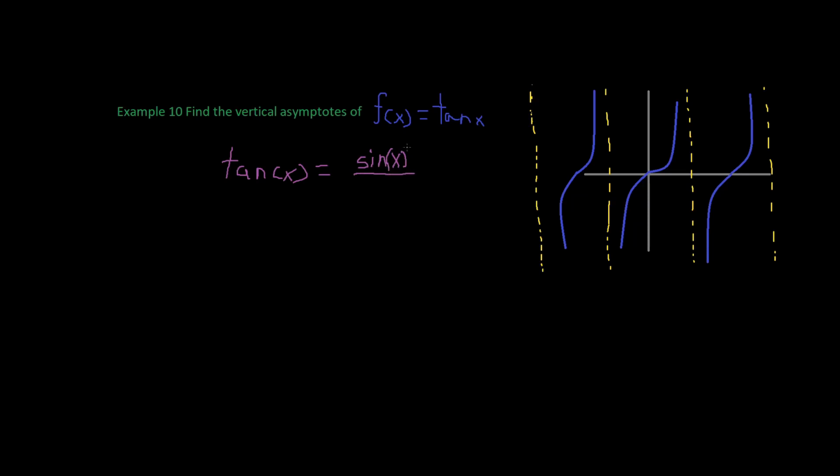So let's say that tangent x is sine x over cosine of x. If you take trigonometry, we know that tangent equals this. So that's really important. It says note when x equals 0.